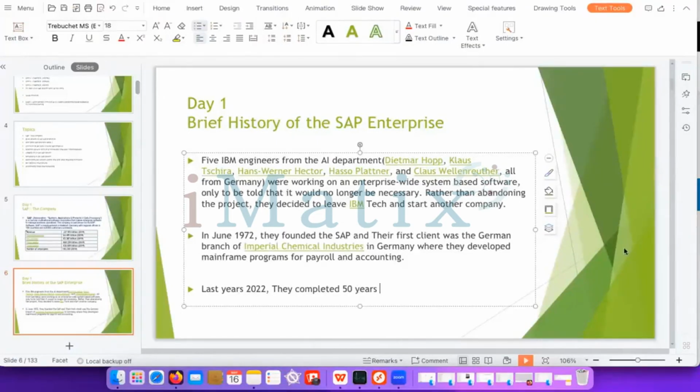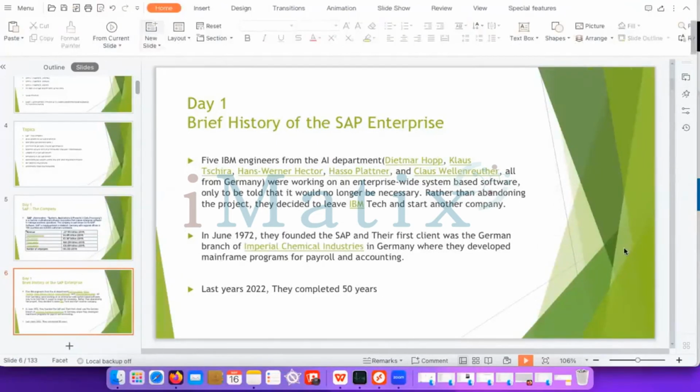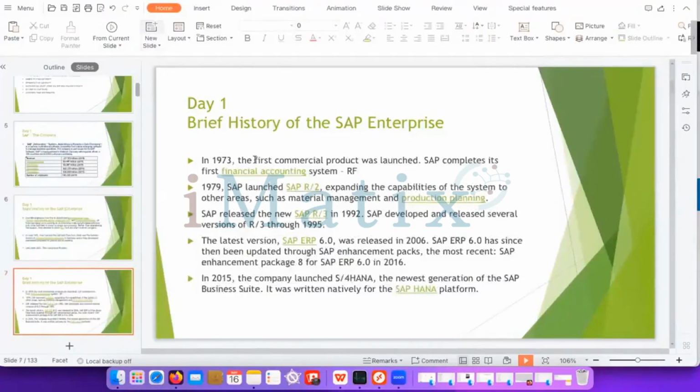SAP has a lot of products. In 1973, they started their first financial accounting software. Then they released R2, R3. Then they came up with ERP. Now they have come up with S/4HANA and the HANA platform.